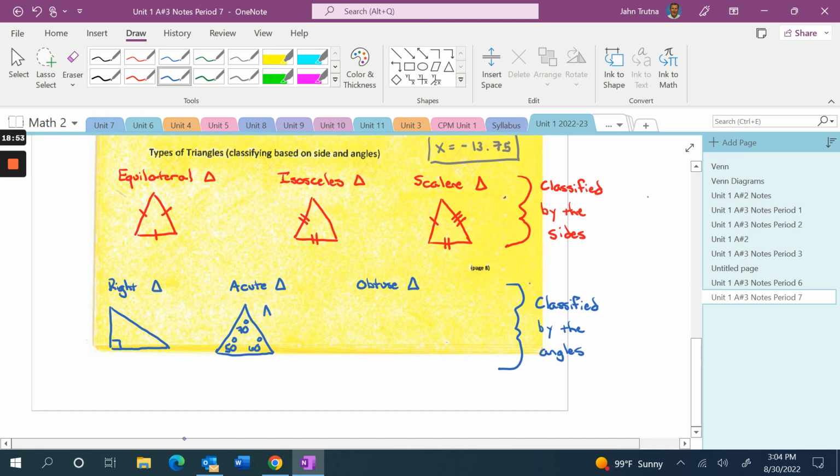Okay, so, and I'll just write it here. All three angles are less than 90 degrees. Okay, it has to be all three, by the way, for it to be acute.